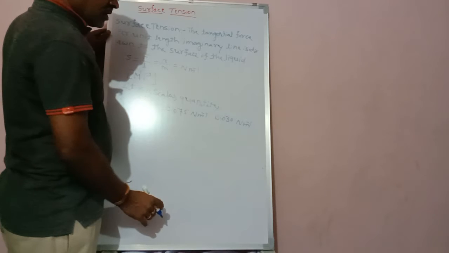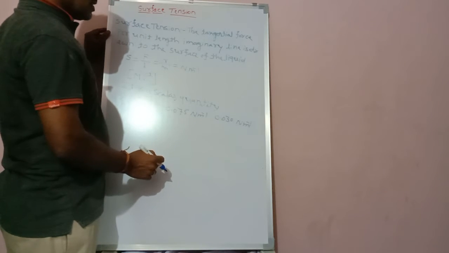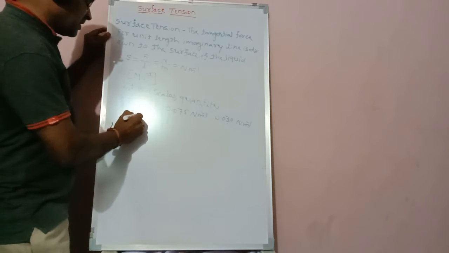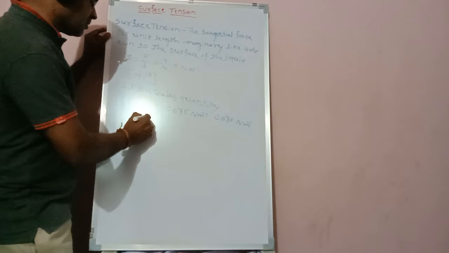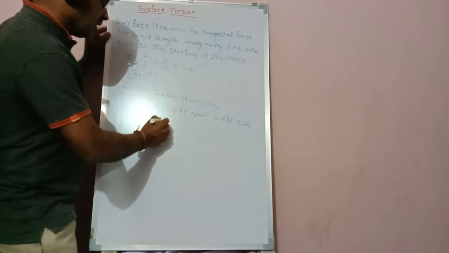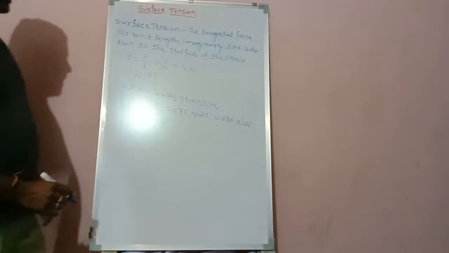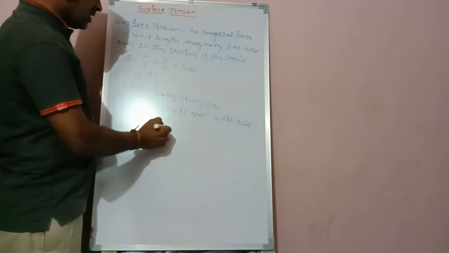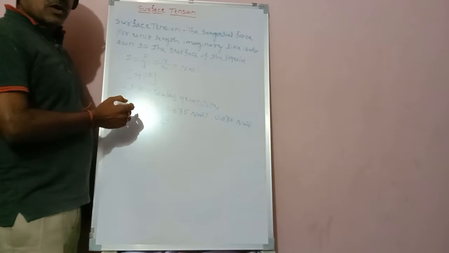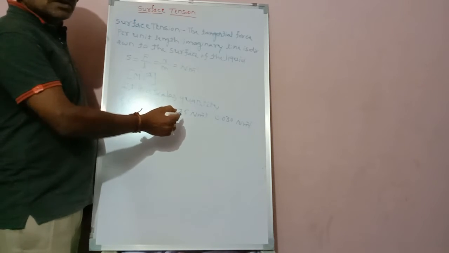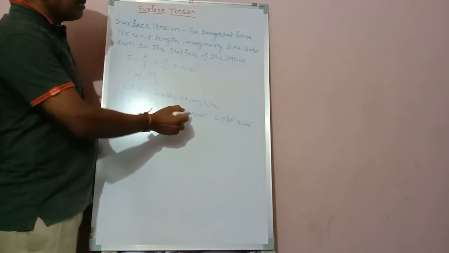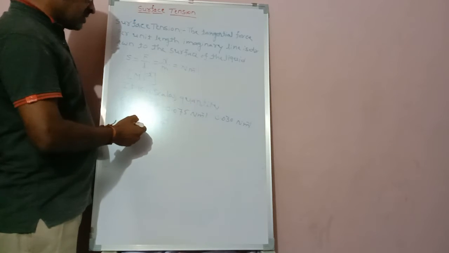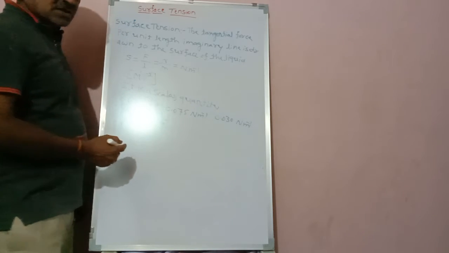And the surface tension for glycerin is 0.065 Newton per meter. Like that, different liquids have different surface tension. This is for mercury and glass, this is for water and glass, this is for soap solution and glass, and this is for glycerin and glass surface.